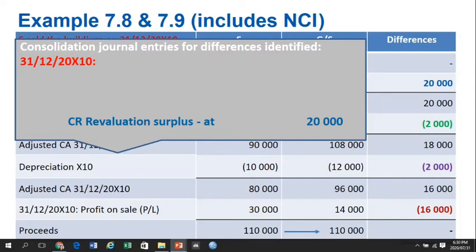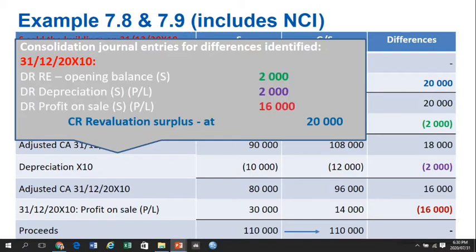But now the debit leg cannot be to the buildings anymore, as the buildings have been sold by the subsidiary. So the line items of S that I have to change, based on a discussion we've had in example 7.9, would be as follows. For the 2,000 Rand additional depreciation for X9, I have a debit to retained earnings.